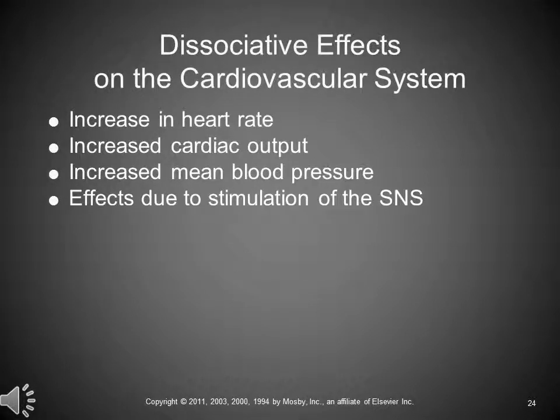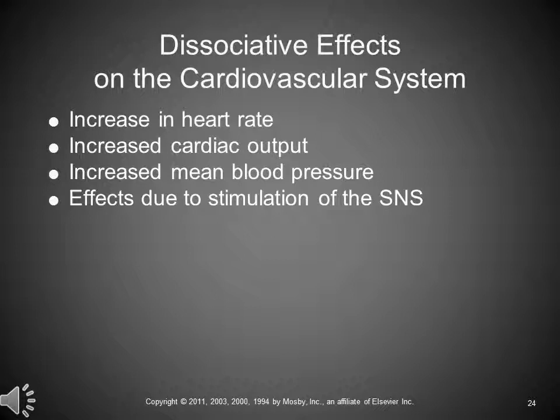There are some rather interesting physiological effects of the dissociatives, the cyclohexamines. They seriously increase heart rate, okay? I mean, they kick it way up. They seriously increase cardiac output. They increase mean arterial blood pressure, and the effects are due to the cyclohexamine stimulation of the sympathetic nervous system.